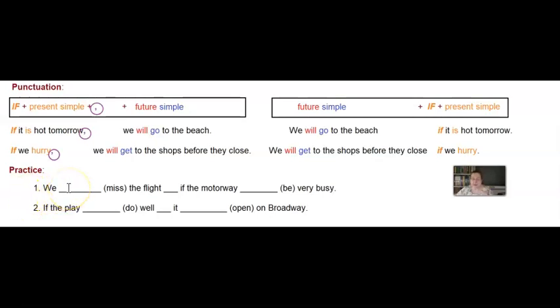There is no if here, so we will miss the flight, we will miss the flight, no comma there. If the motorway is busy. Next one.